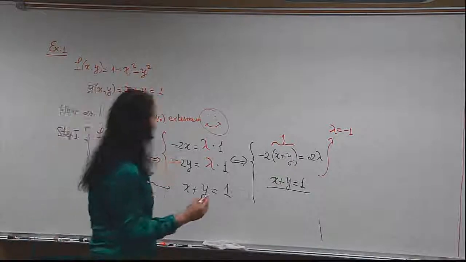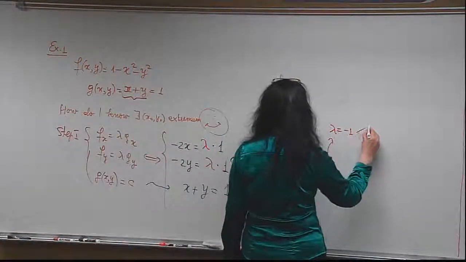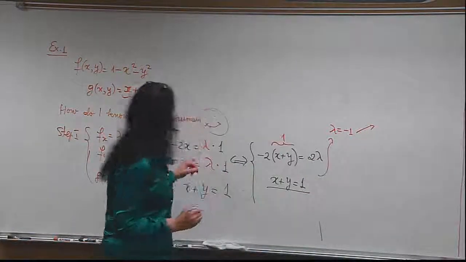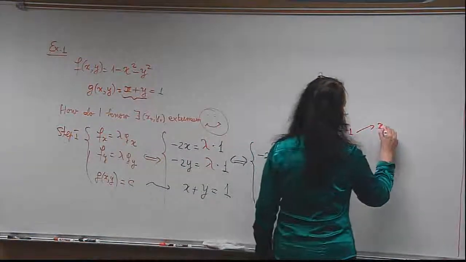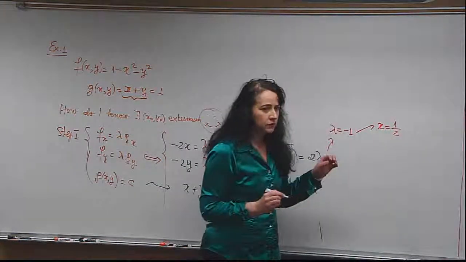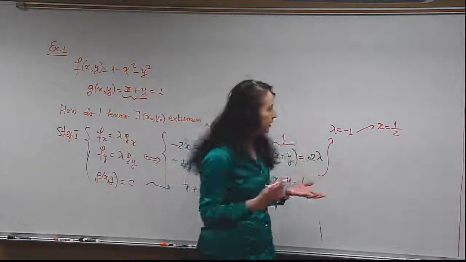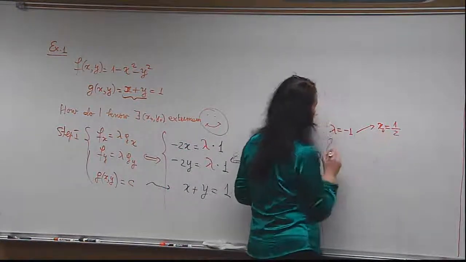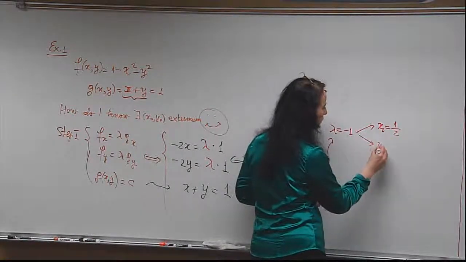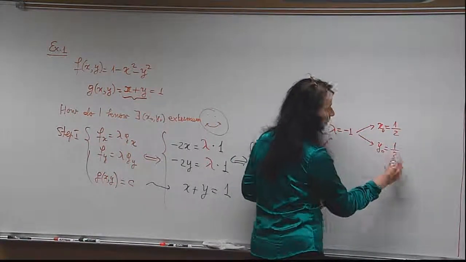For lambda equals minus 1, fortunately, you get what? x equals 1/2. And let's give it a name, because x variable means an arbitrary x0, it's not. And for the same, you get y0 equals 1/2 in the same way.